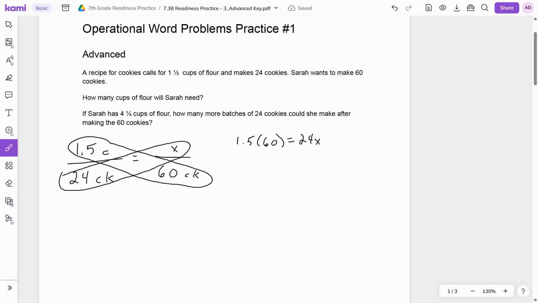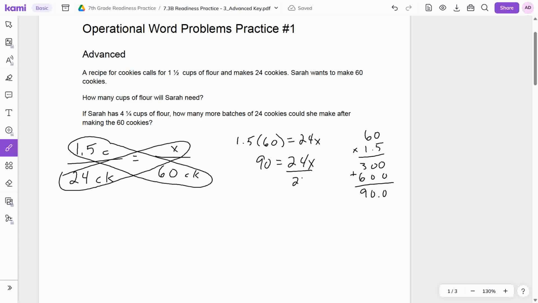So I'm going to multiply my 60 times the 1.5. That's going to be 300, and then with one decimal because I've got one decimal in my factors, I've got 90. So 90 equals 24x.